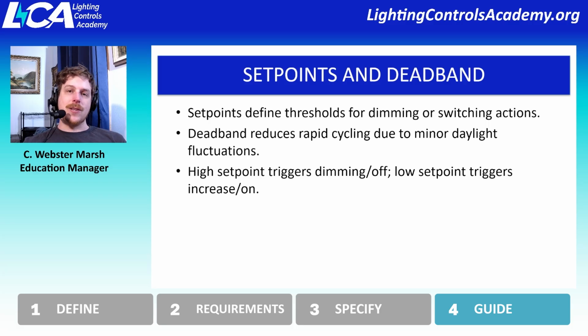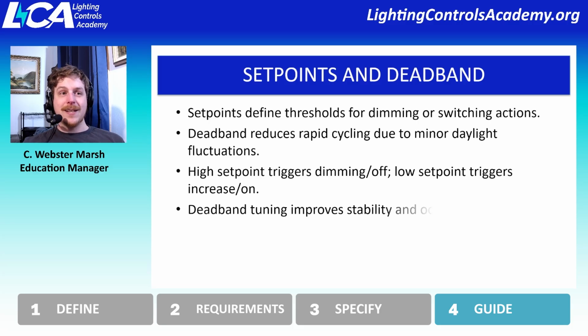So if there's a lot of light coming in, that's a high set point, whereas if there's very little light coming in, that's a low set point. And so we just want to be able to compensate, and it takes a second for you to just recalibrate your own perception of what this means when it comes to daylighting. And tuning the deadband really is more about stability and comfort level.